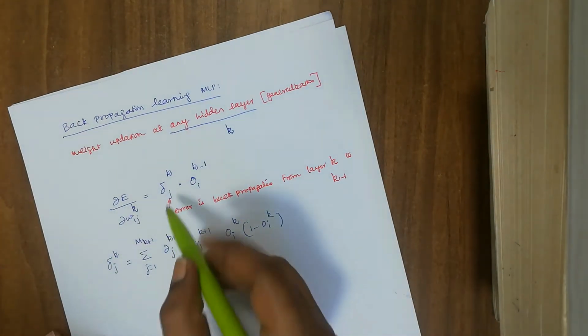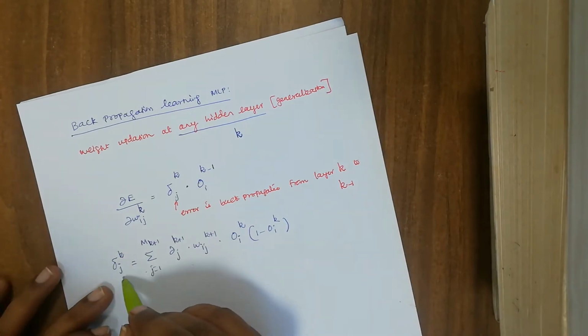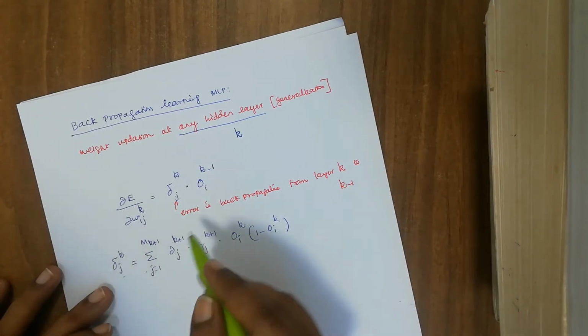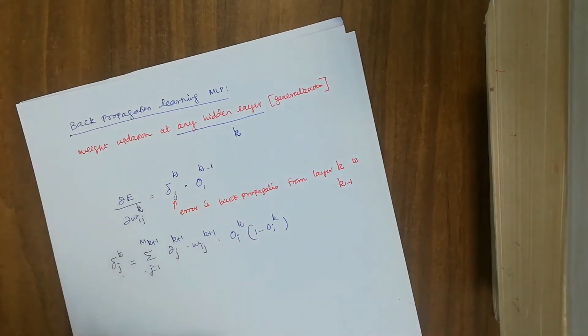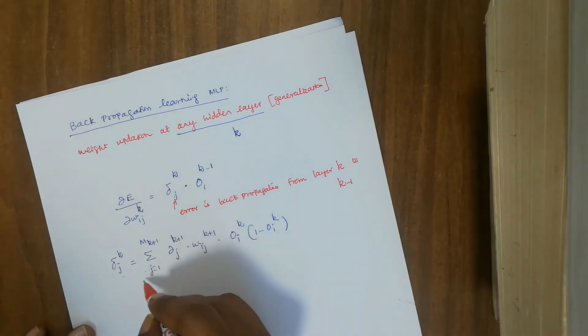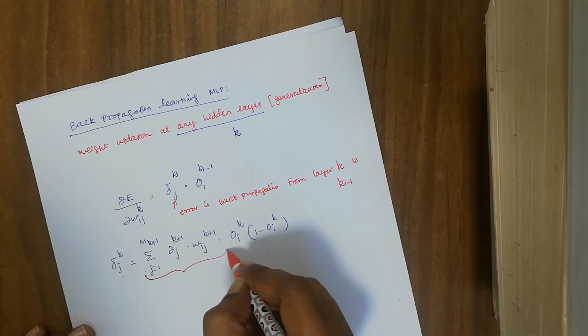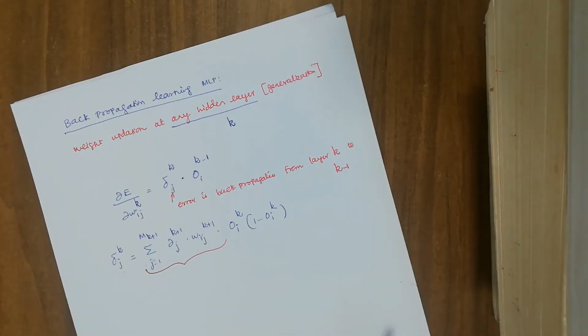Similarly, when we expand this error, it will take the summation of all the nodes.